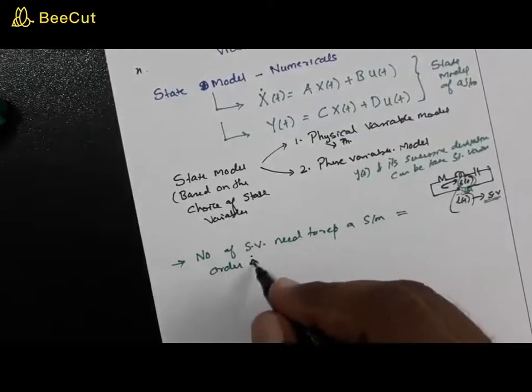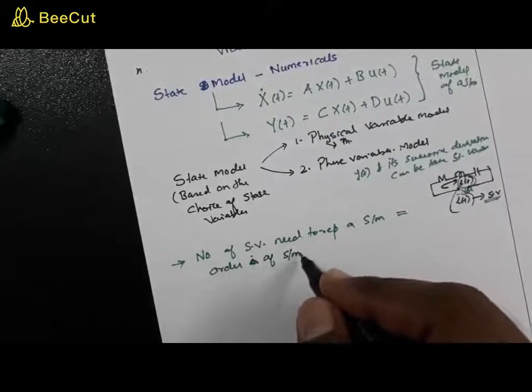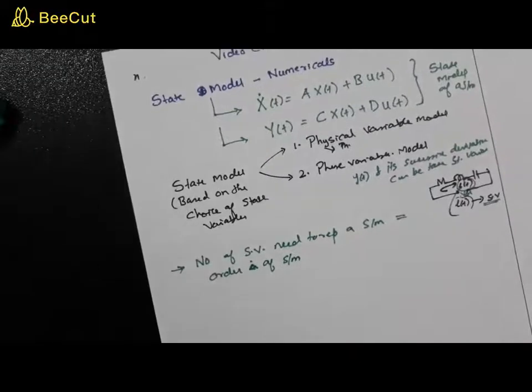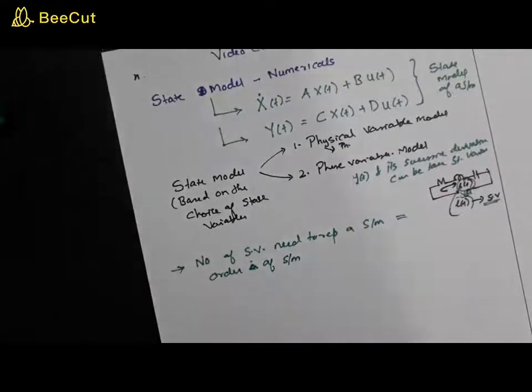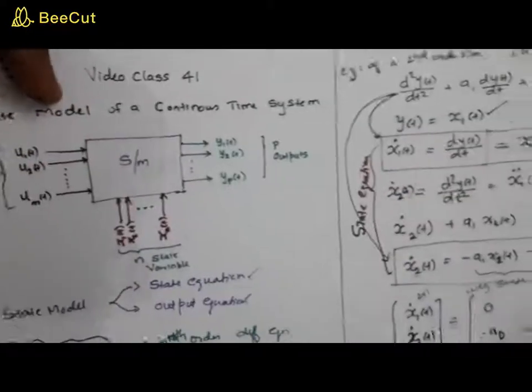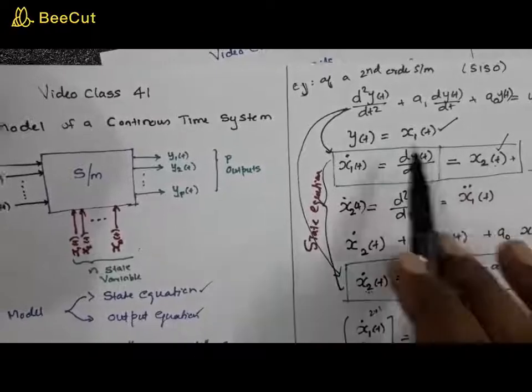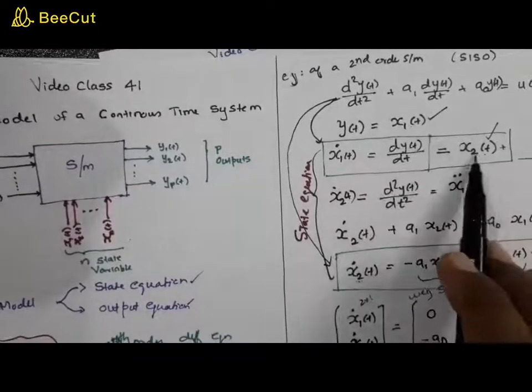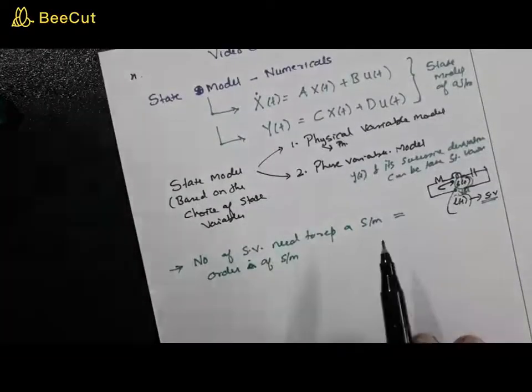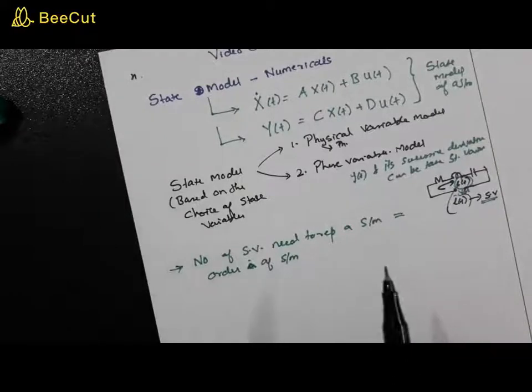For example, we considered a second order system, and we have seen that there are two variables, x1 of t and x2 of t. So it is equal to the order of the system.